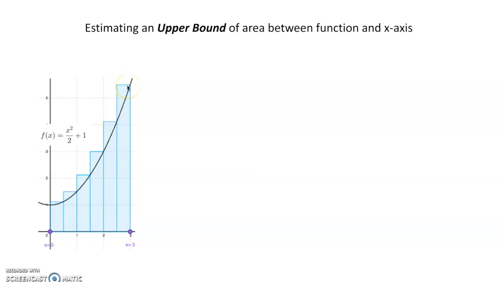So we call it an upper bound estimate. Okay, again, the process is going to be the exact same. So I'm going to go through it a little bit more quickly. If you want to, you can pause and check to make sure you understand how to do this, and then click unpause and see if your answers work out to be the same as mine.